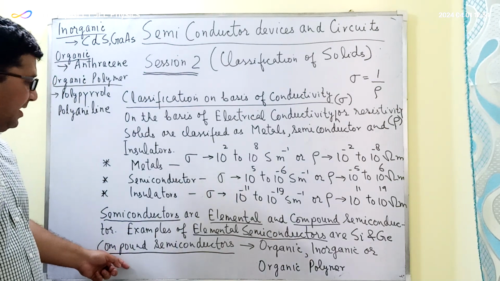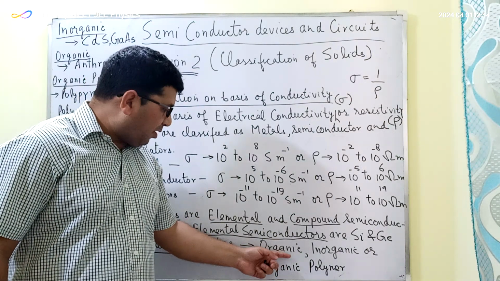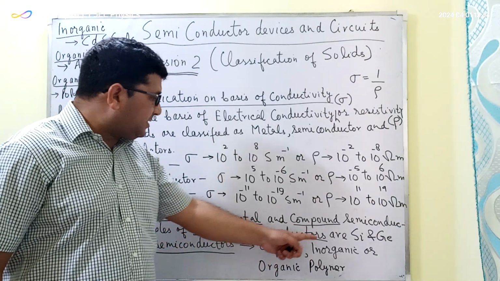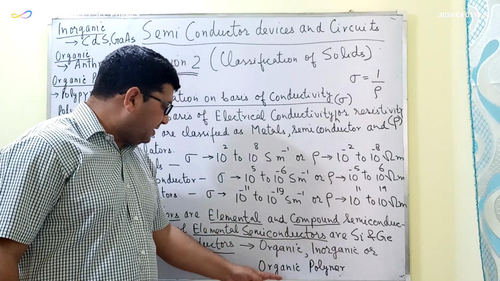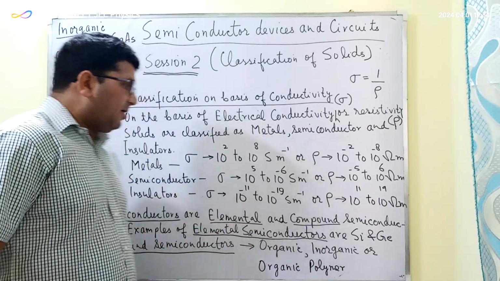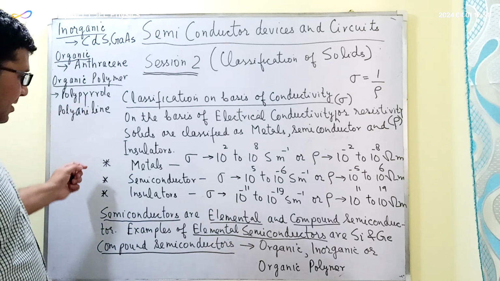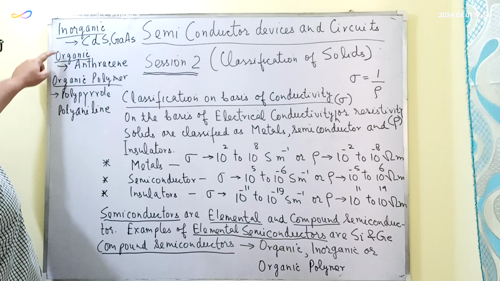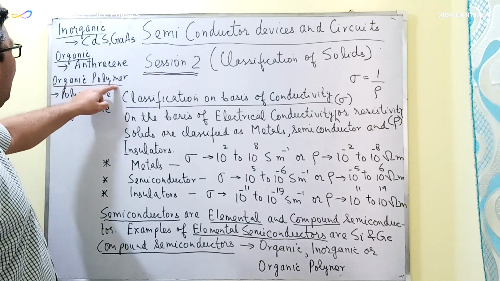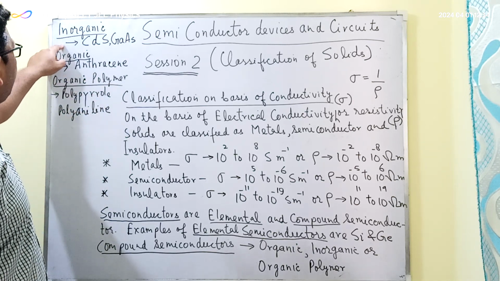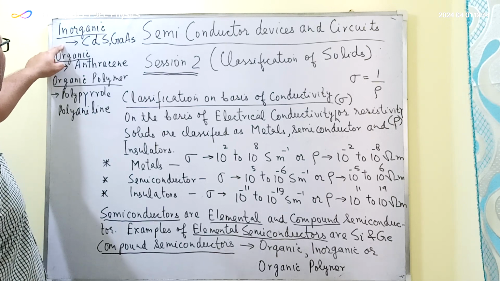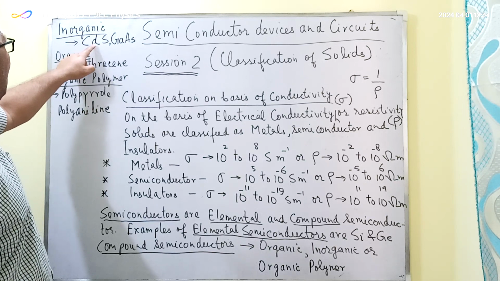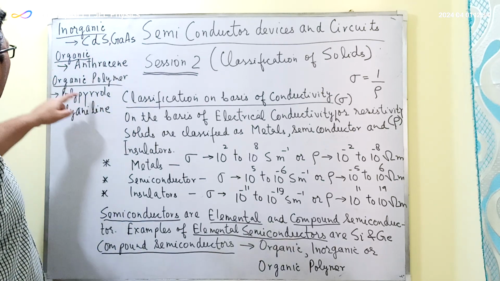The compound semiconductors are basically of three types: compound organic semiconductors, compound inorganic semiconductors, and compound organic polymer semiconductors. I have given here a few examples of these. The most commonly used compound inorganic semiconductors are cadmium sulfide and gallium arsenide.